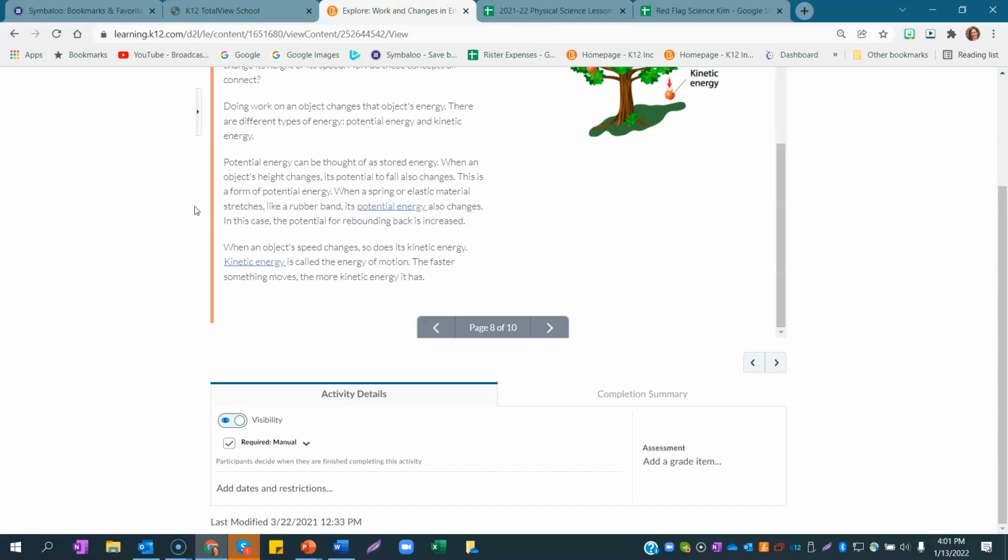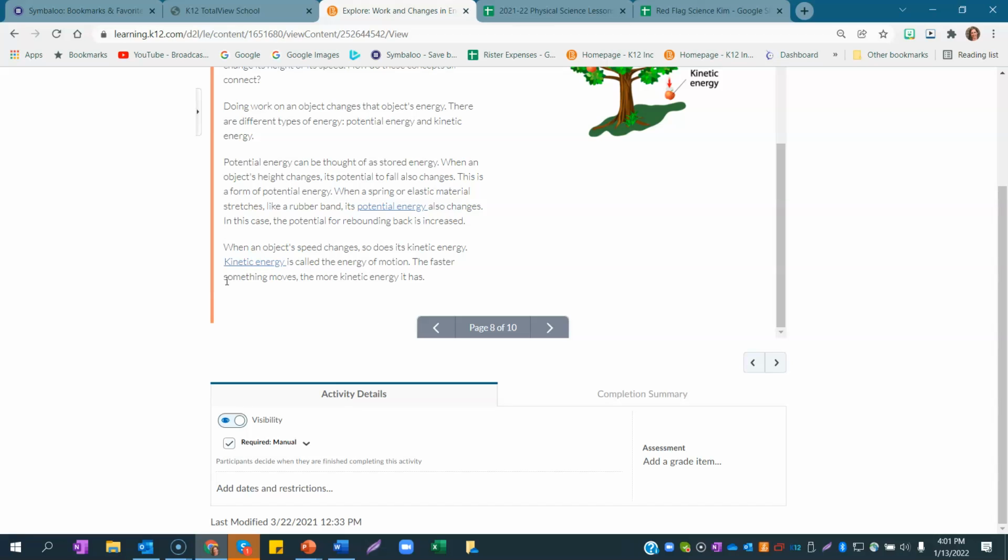Remember, think back to that elasticity we talked about way back in semester A. What makes something bouncy is that it's elastic. So think about that energy changing. And then when an object's speed changes, so does its kinetic energy. Kinetic energy is called the energy of motion. The faster something moves, the more kinetic energy it has.